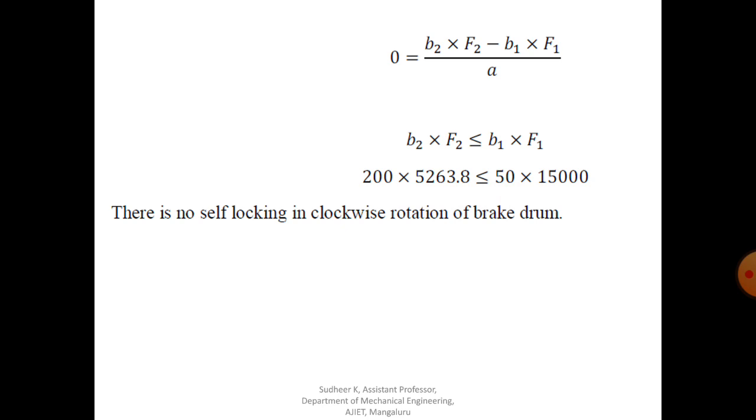So therefore there is no self-locking in clockwise rotation of the brake drum. Otherwise there will be self-locking. Self-locking is when the force is 0 or negative. Such a condition we call self-locking. We already discussed this in the theory. So that is about self-locking.